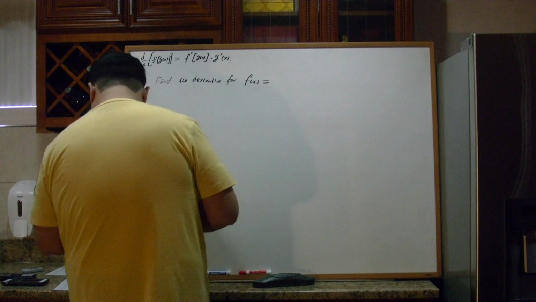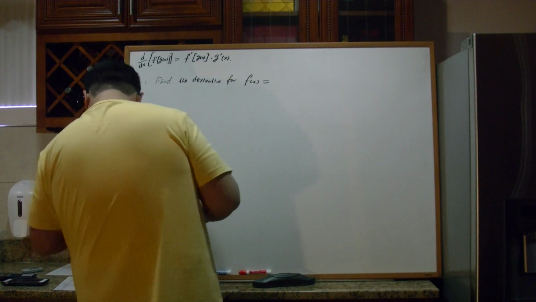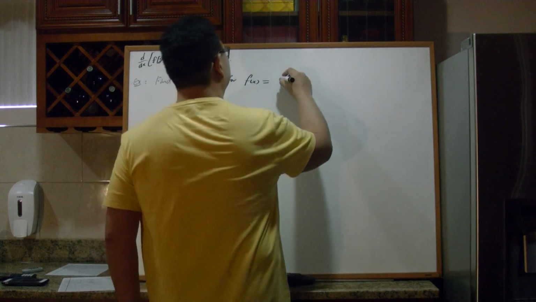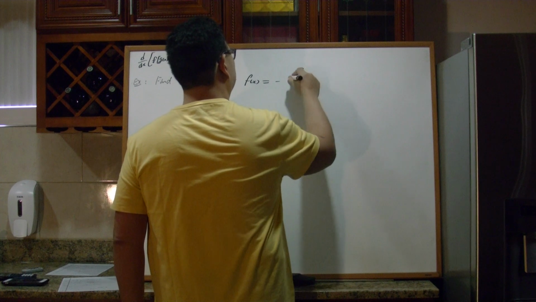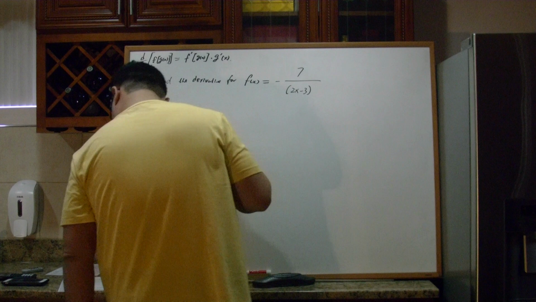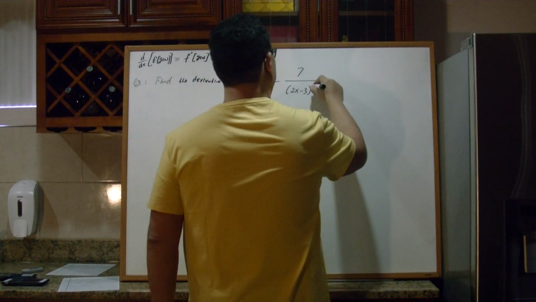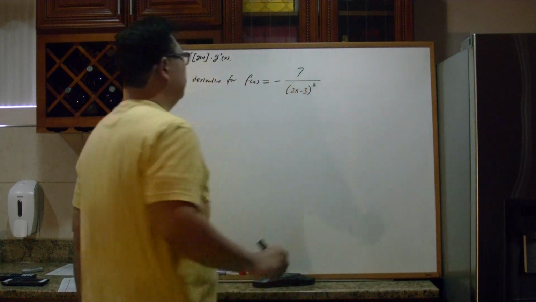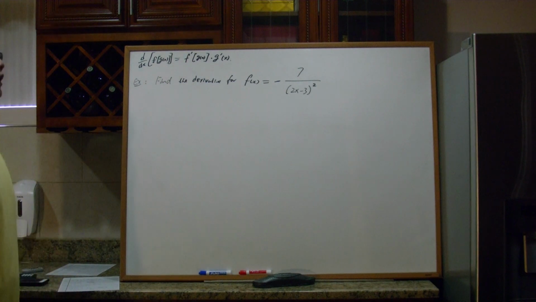And if we see a rational function, here we don't have to apply the quotient rule. The quotient rule is for a function over a function.